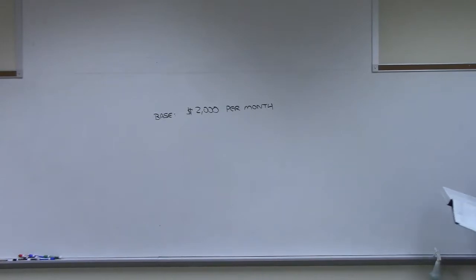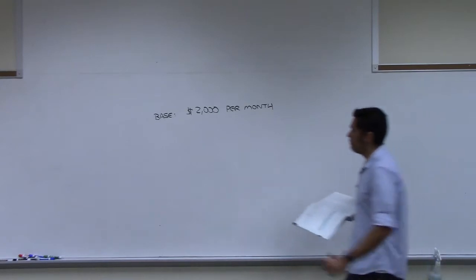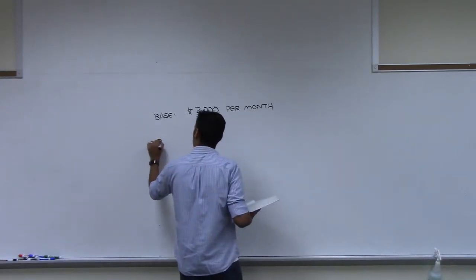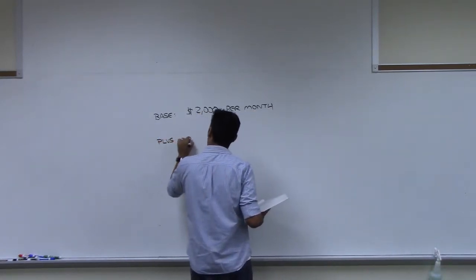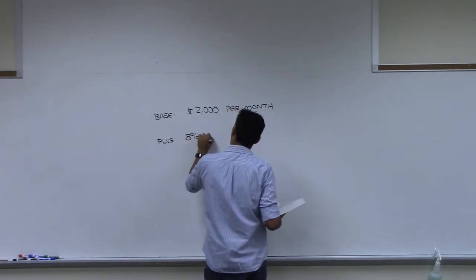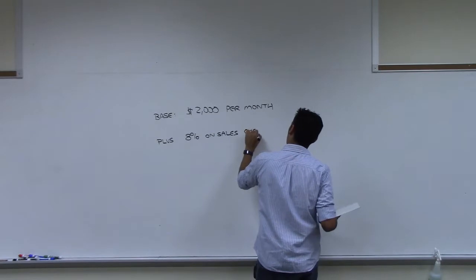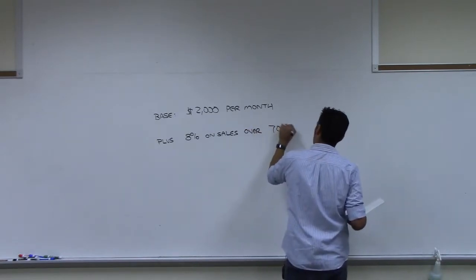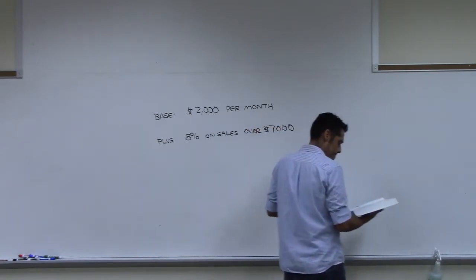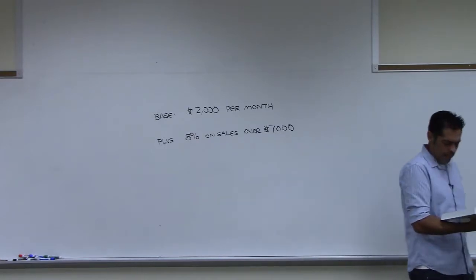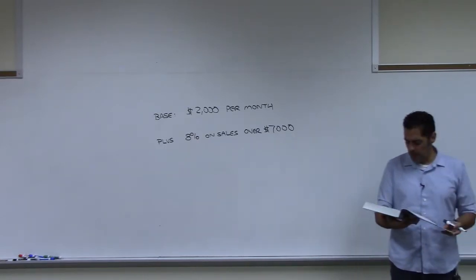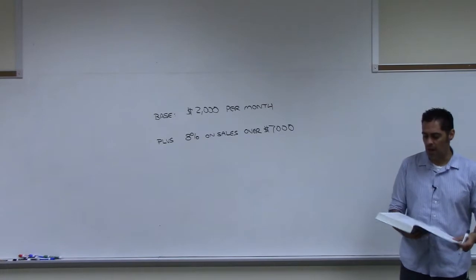Plus an 8% commission on all sales over $7,000. How much must the employee sell in 1 month to earn a total of $4,000?